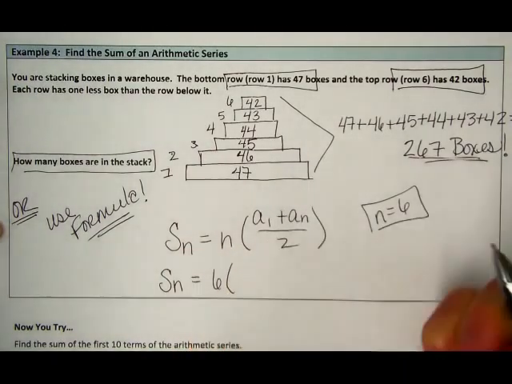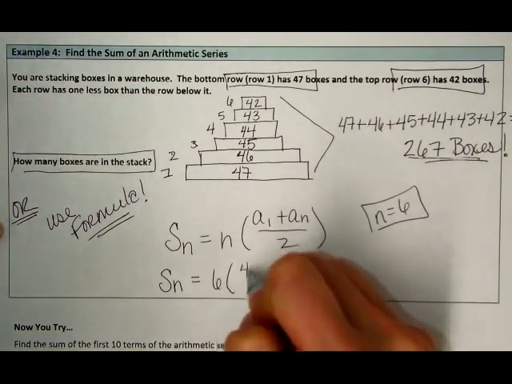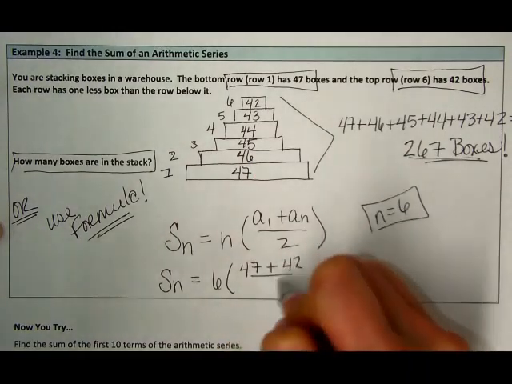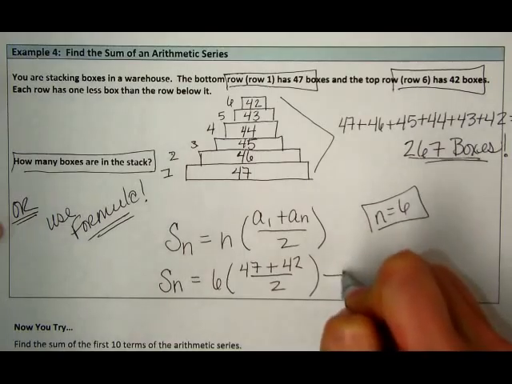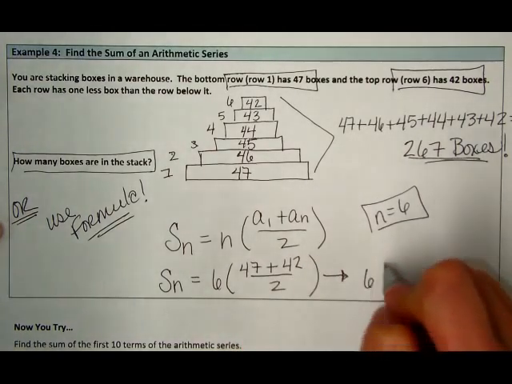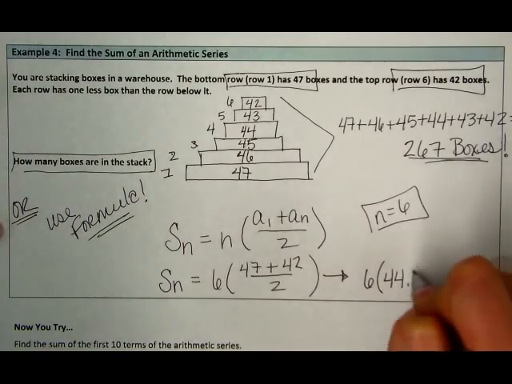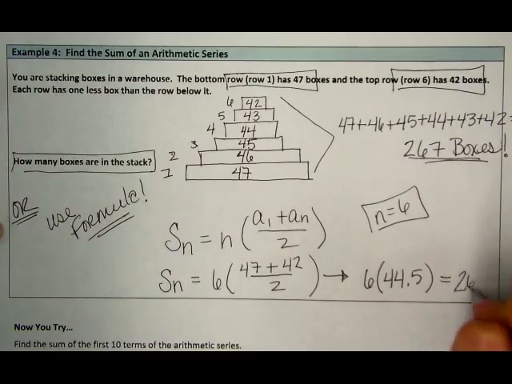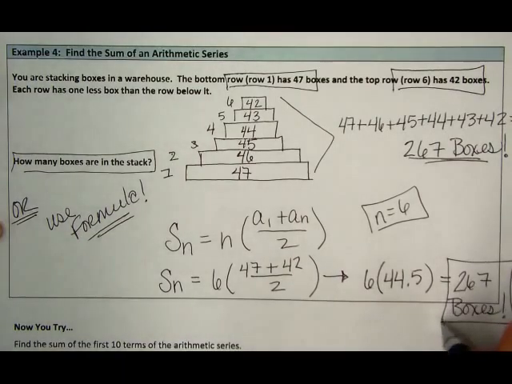So 6 times my first term, 47, plus my last term, 42, all divided by 2. 47 plus 42 all divided by 2 gives me 44 and a half. 44 and a half times 6 gives me 267 boxes. So as you can see, we get the same answer either way.